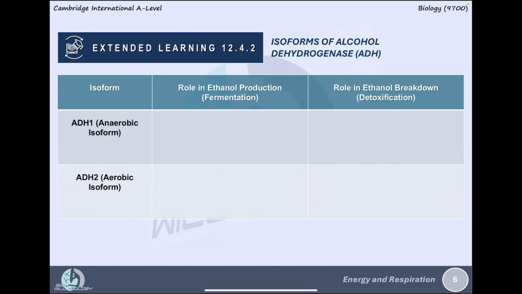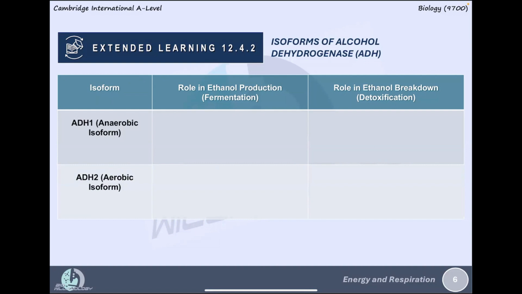First is known as ADH1, which is an anaerobic isoform, and ADH2, which is known as an aerobic isoform. Both of them are alcohol dehydrogenase, however their main functions are slightly different.